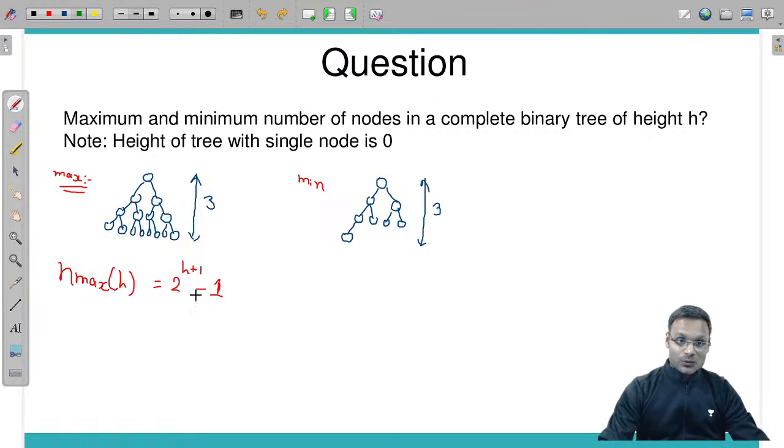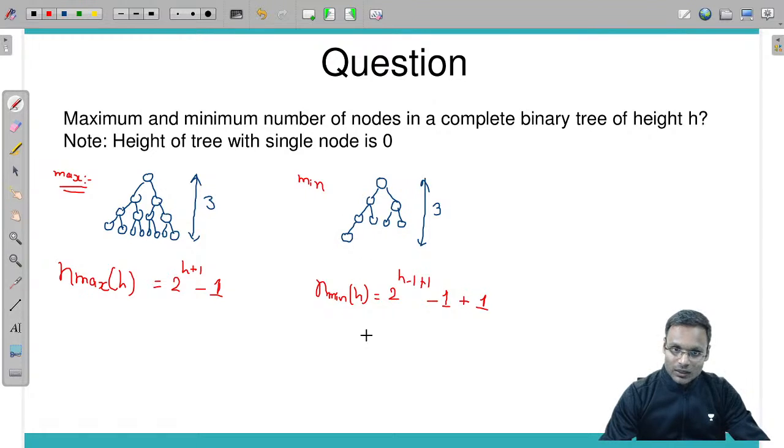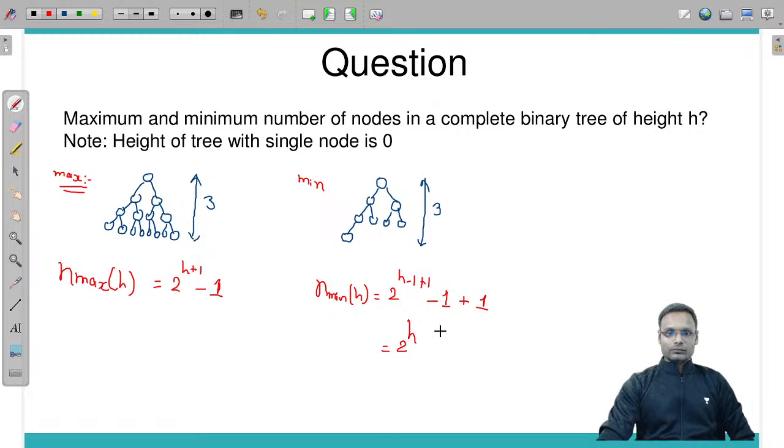So with height h minus 1 we keep the maximum nodes, and the minimum with height h I can understand that way: height h minus 1 के लिए maximum number of nodes, plus one extra node, which in turn gives you 2 power h minus 1 plus 1, the minus 1 plus 1 is gone, so 2 power h. You can see 8 nodes with height 3. This is the minimum number of nodes in a complete binary tree with height h.